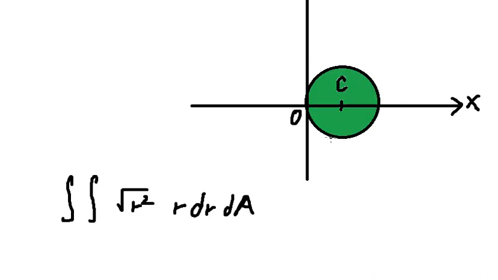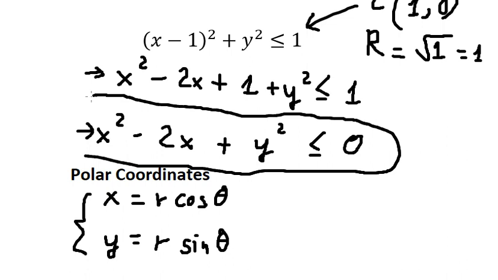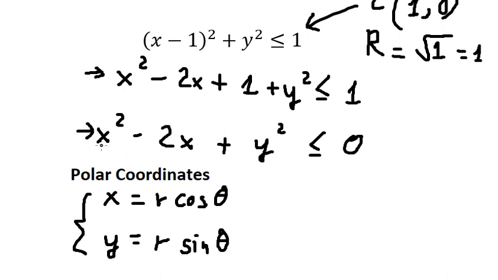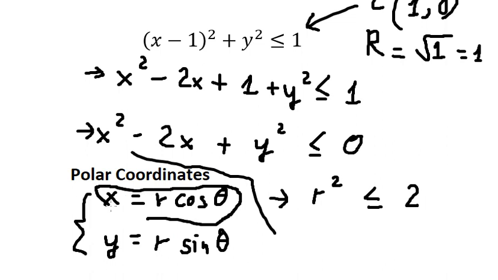Now we need to find the bounds of dr and d theta. So we go back to this one. We can see that x squared plus y squared is r squared. So I will put negative 2x go to the right, x is this one.